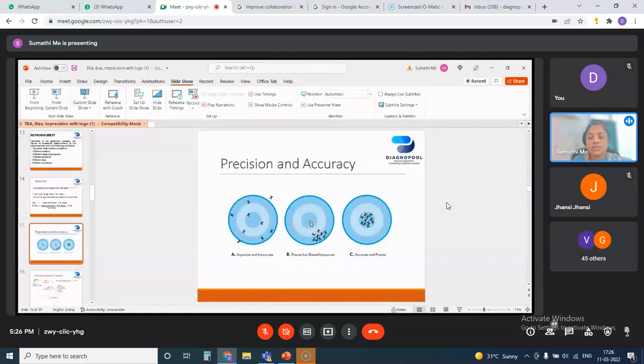That means it is away from the true value. So this is precise, but it is not accurate. Whereas the third one is accurate as well as precise, because there is a closeness between the values as well as it is closer to the target mean.